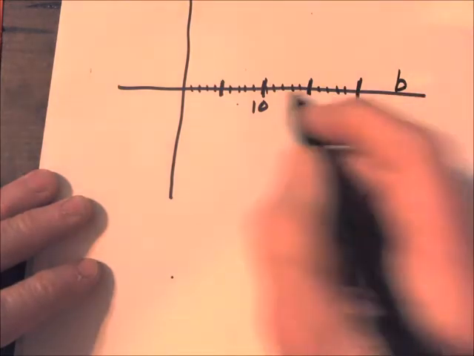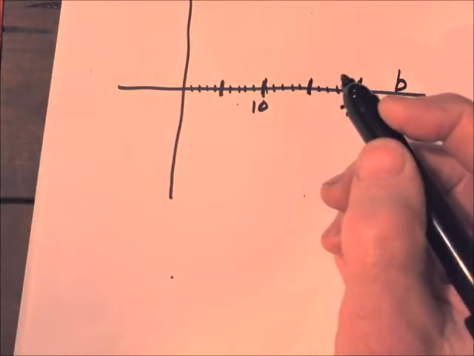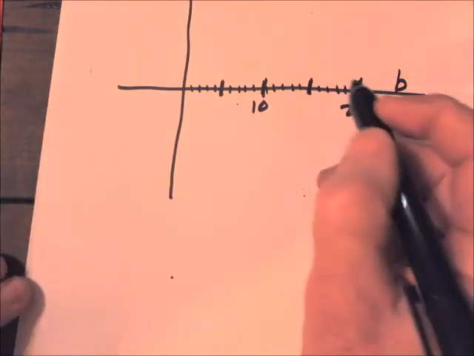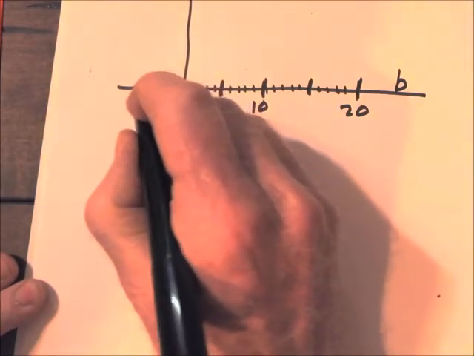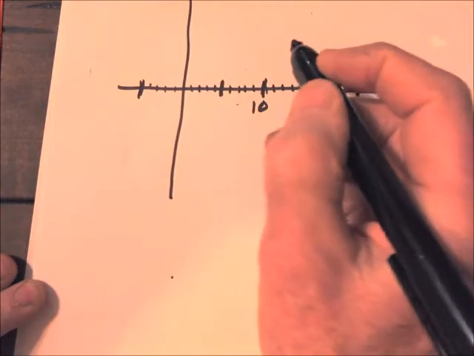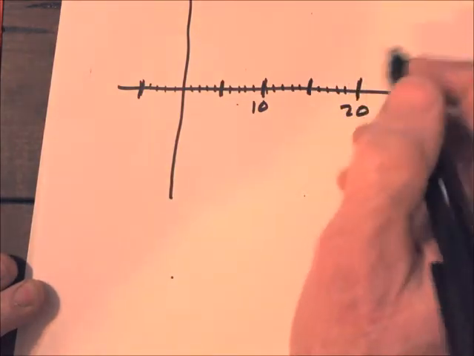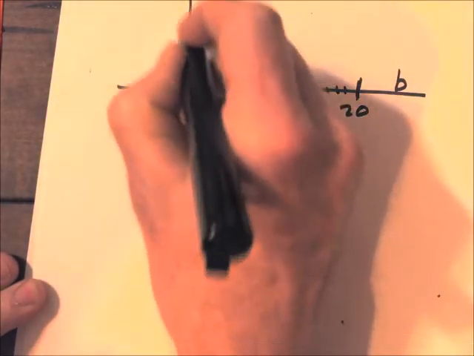So now, before, in the original function, b was the vertical scale. Now it's going to be the horizontal scale. And time originally was the horizontal scale. Now it's going to be the vertical scale.